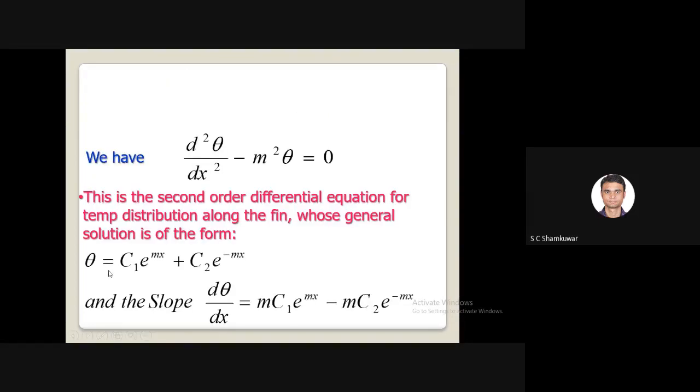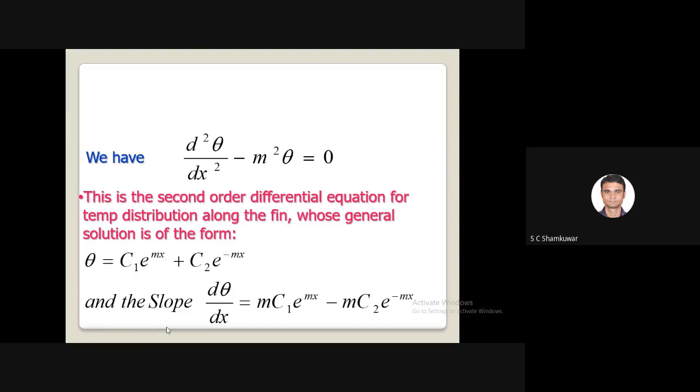So this equation of theta represents the distribution of temperature along the fin. If you put the value of x, you will get the temperature distribution at that x.